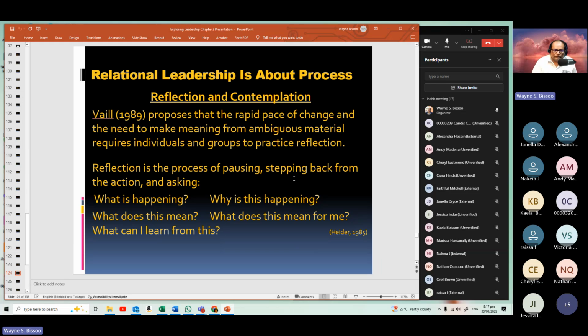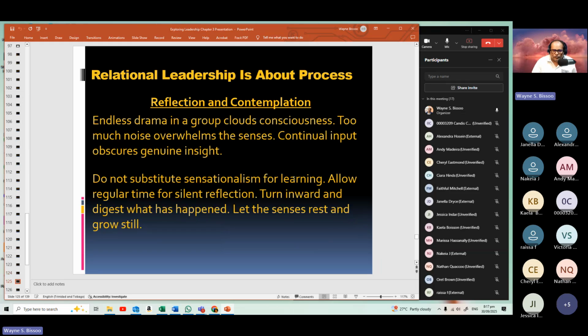The problem with reflection and contemplation is the issue of velocity of life, speed of life. That is the challenge you're going to face in any activity, especially in developing your leadership potential. The continuous assessment required to improve your skills in leadership does require putting aside time for reflection.